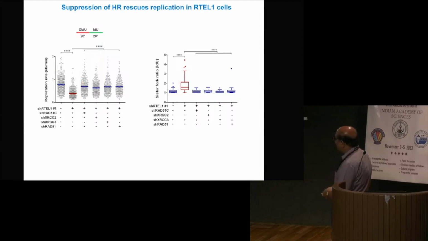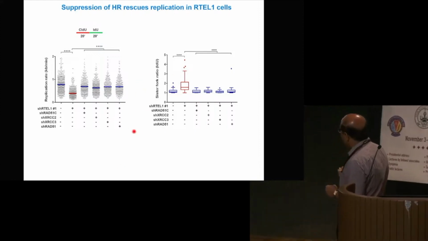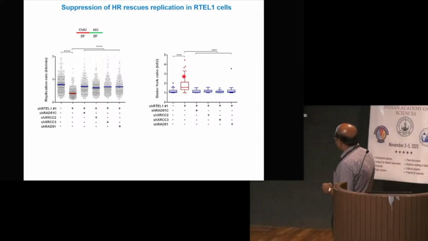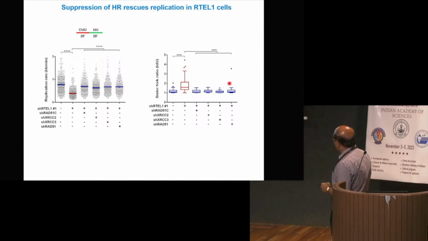That clearly suggests that basically there are hyper-recombination events happening, which are now interfering with the DNA replication in the absence of the RTEL1 helicase. In fact, the sister-to-fork ratio basically, which is again increased upon depletion of the RTEL1 helicase, that sister-to-fork ratio also can be rescued upon co-depletion of the HR factors like the RAD51 paralogs as well as even RAD51.